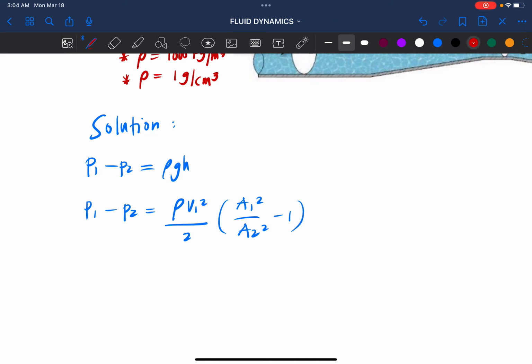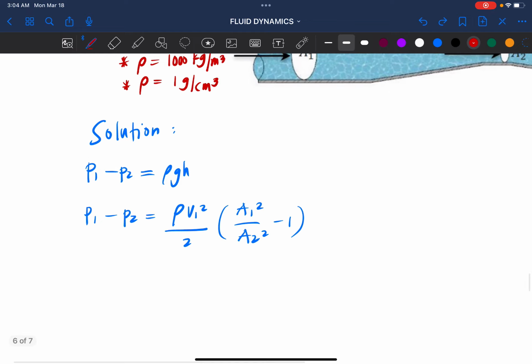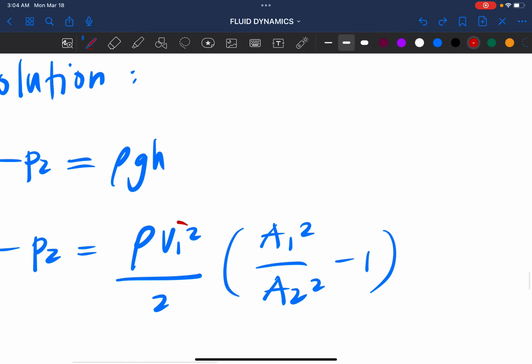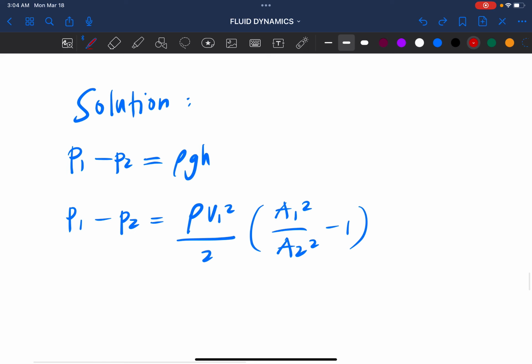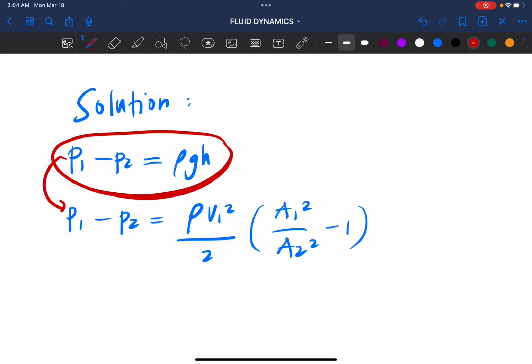Pakicheck nyo class sa formula nyo. So, alam nyo na yung density, given yan, kasi water lang naman to. Yung area 1, alam natin yan. Area 2, alam natin yan. Ang pinapahanap sa atin class is yung V sub 1. And then yung pressure 1 minus pressure 2, dito natin kukunin.